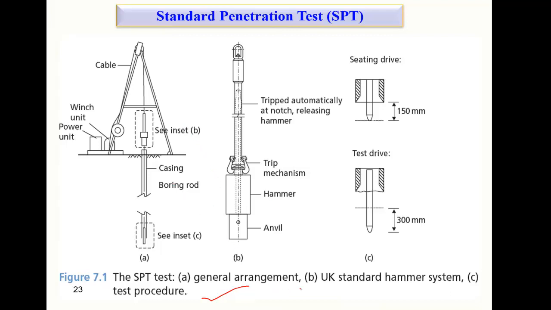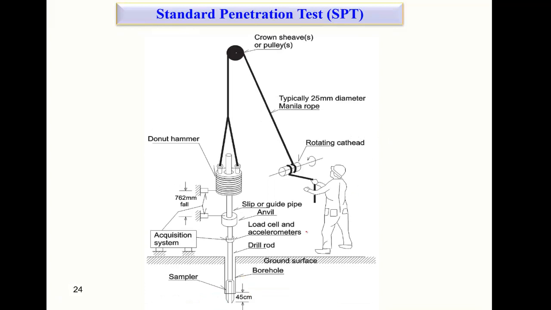One is the general arrangement, the UK standard hammer system, and the test procedure. And this may be one of you. You can consider yourself here. You are pulling this, right? So you just write your name here. So that is you, and you are doing this test.